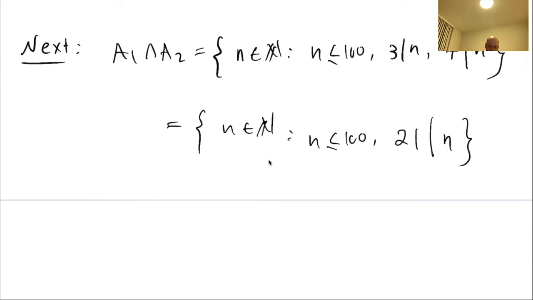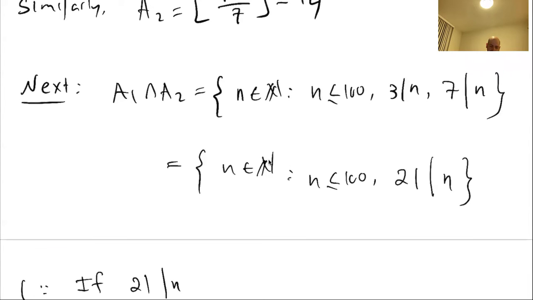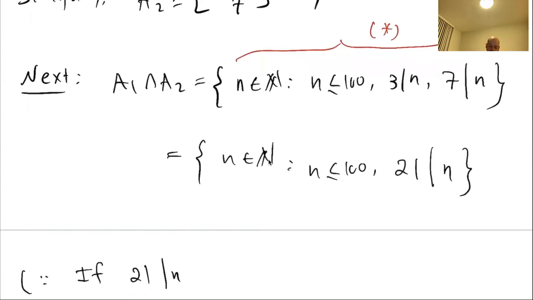Why is that true? Because if 21 divides n, let me call the first set star, if I want to show that these two are equal, and let me call the second one 2 star.